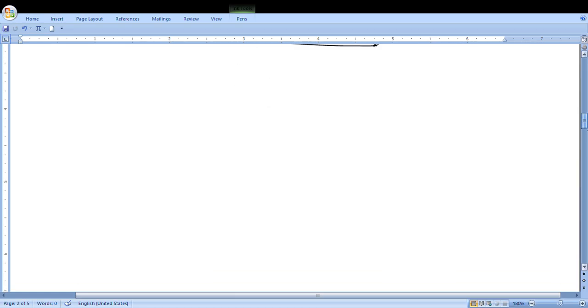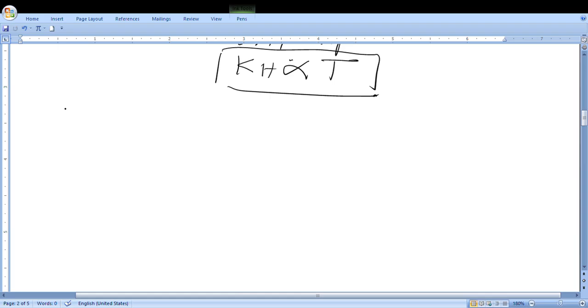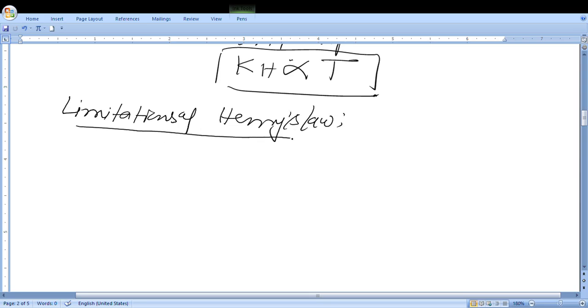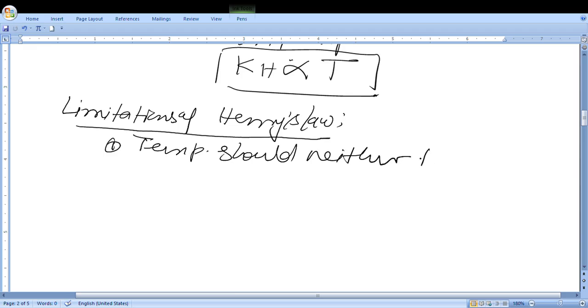Now we are coming to the limitations of Henry's law. Number one, temperature should be neither too high nor too low.